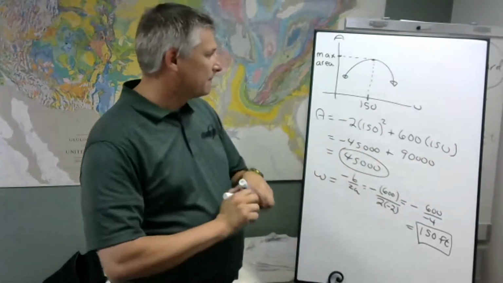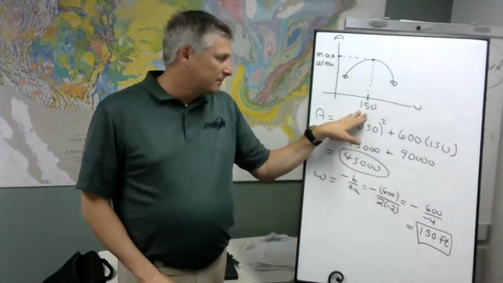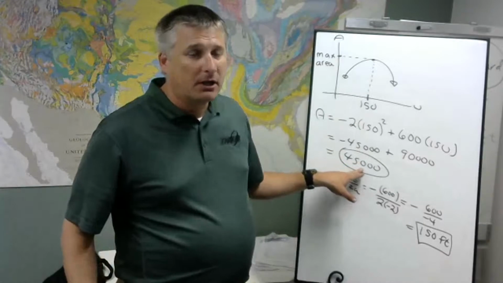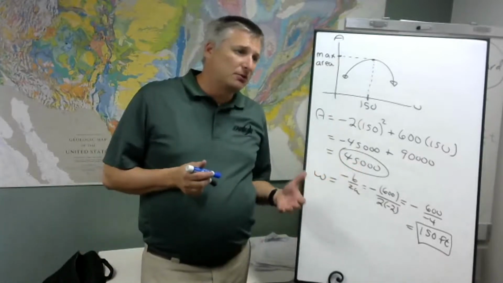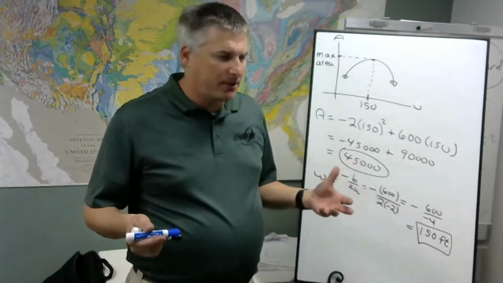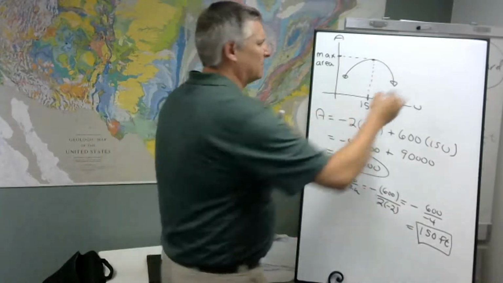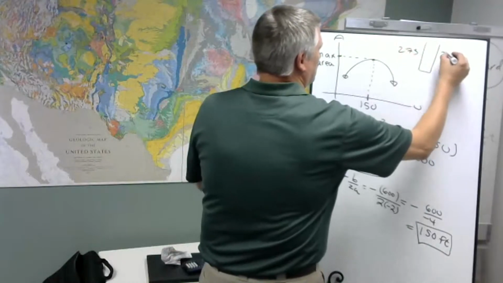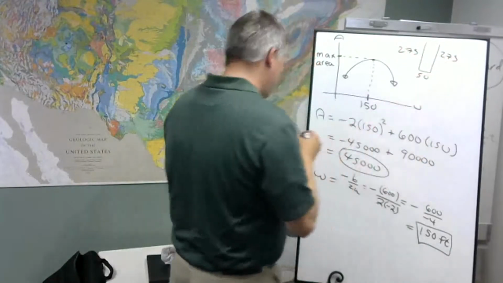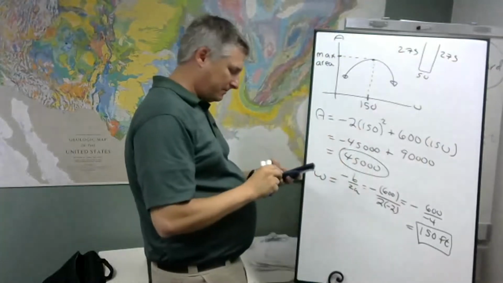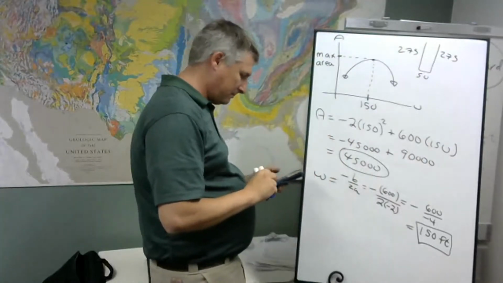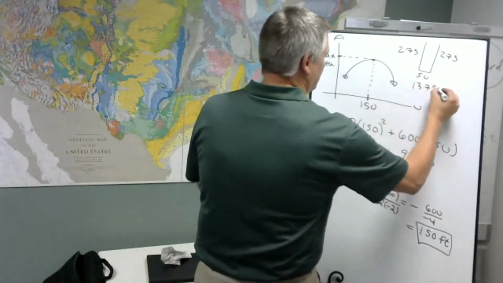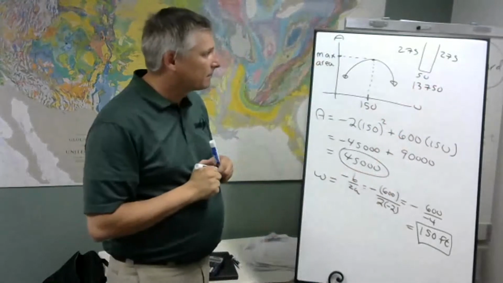So it turns out when we make the width 150 feet, we're going to get a garden with an area of 45,000 square feet. Now remember when we did these calculations earlier, we got a calculation where we had something like this, 275, 275, and 50. And when we computed the area, we got 13,750 square feet.